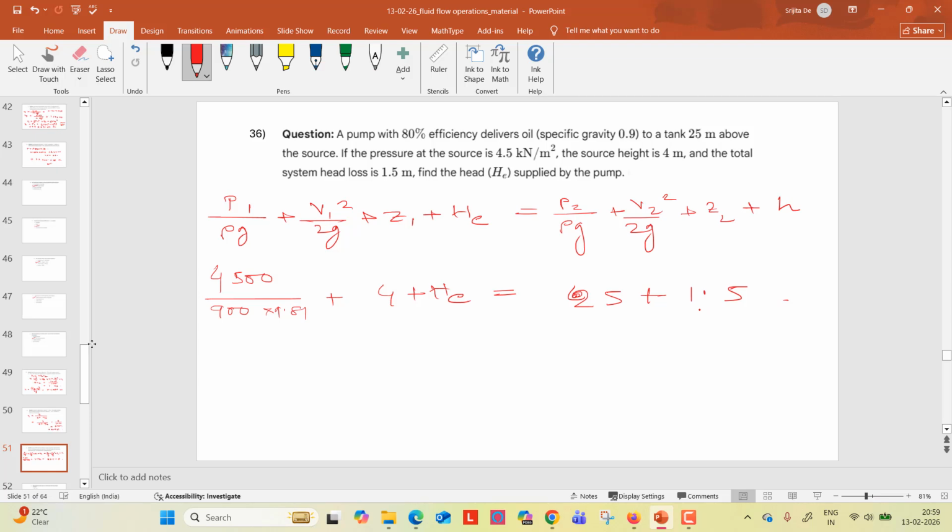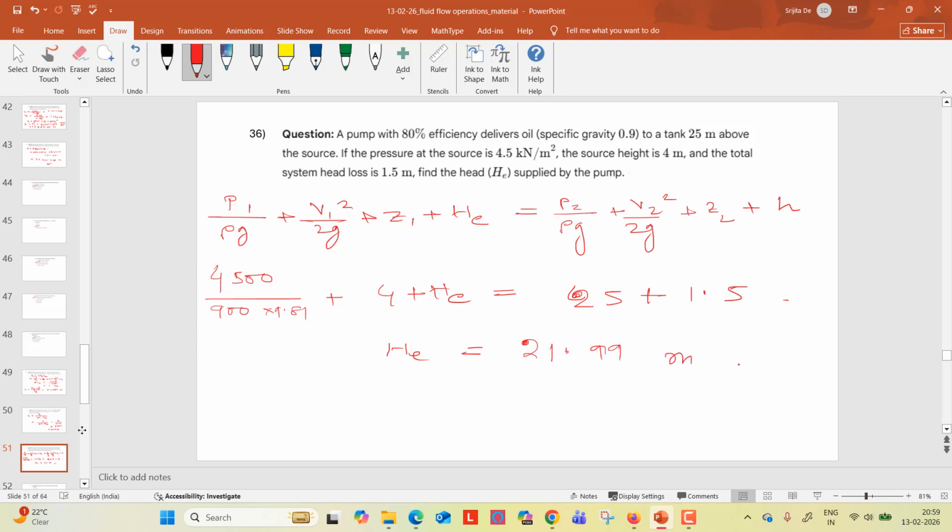So HE is coming as 21.99. So head supplied by the pump is 21.99 meter.